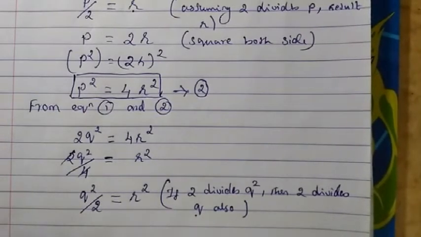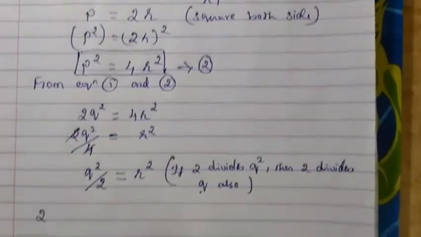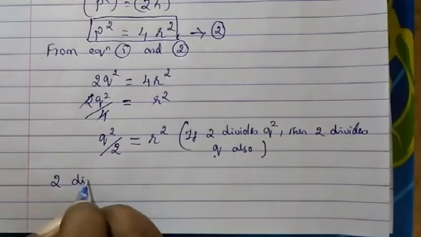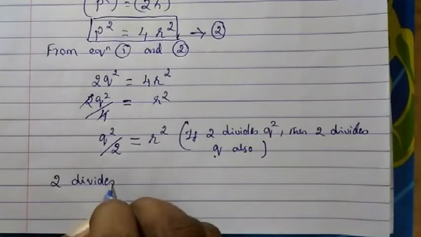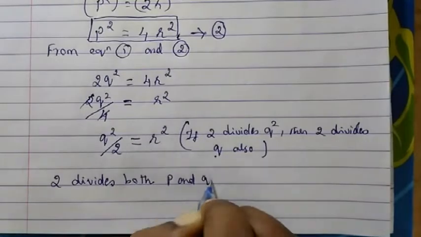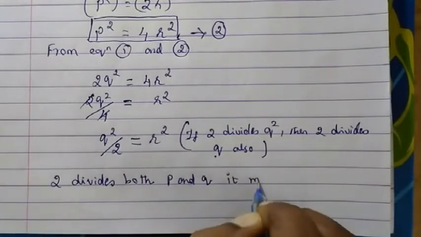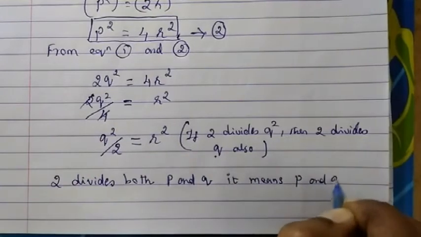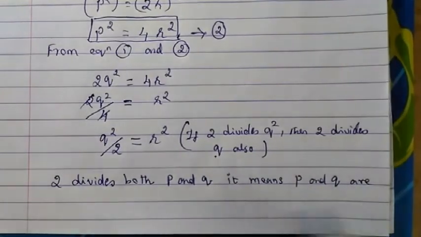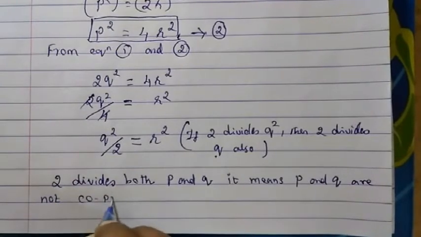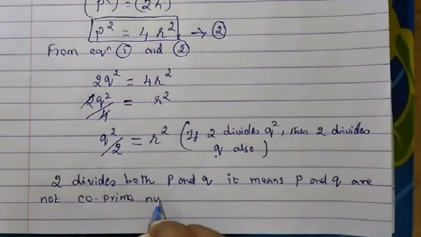So 2 divides both P and Q. This conclusion is very important, you have to write this. 2 divides both P and Q, it means P and Q are not co-prime numbers.